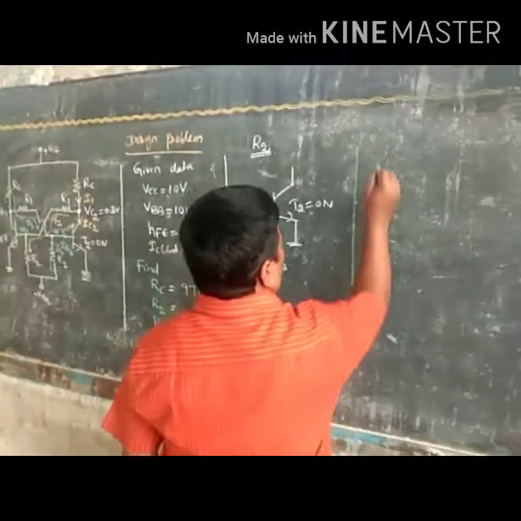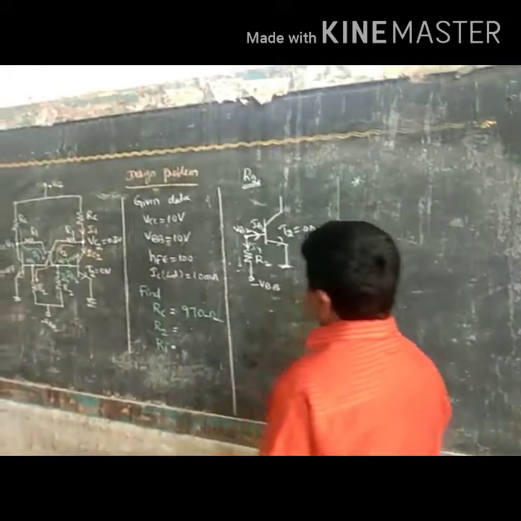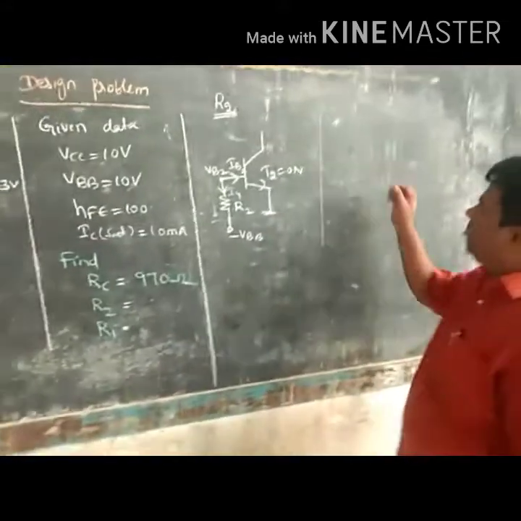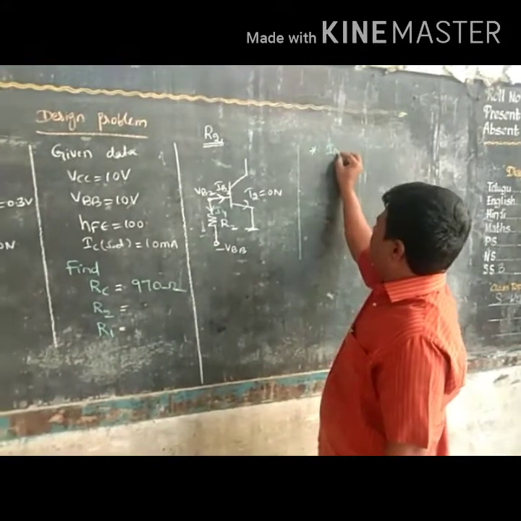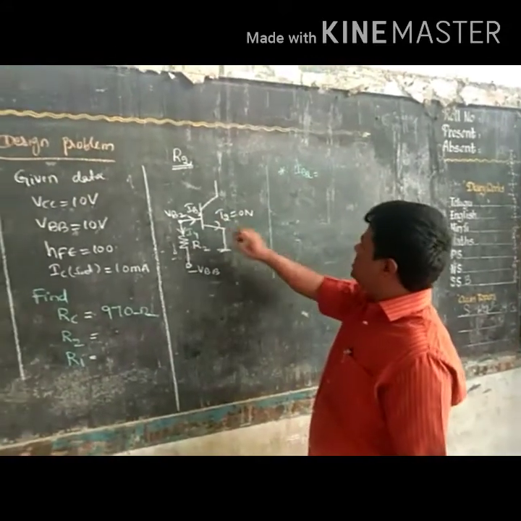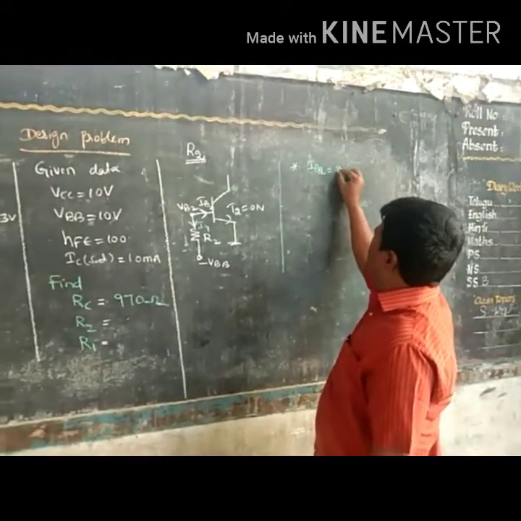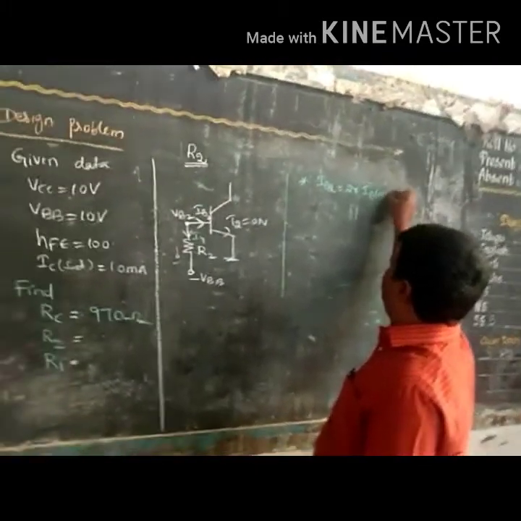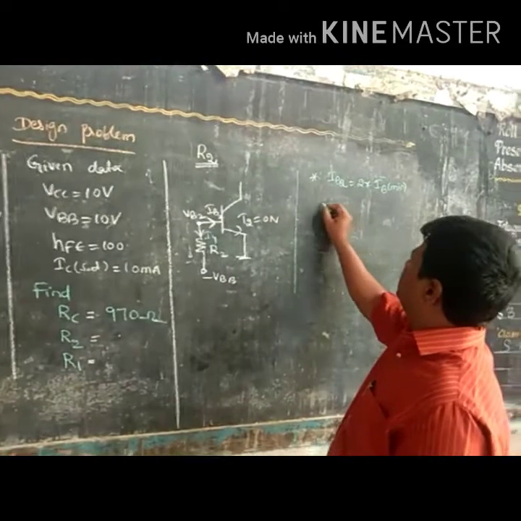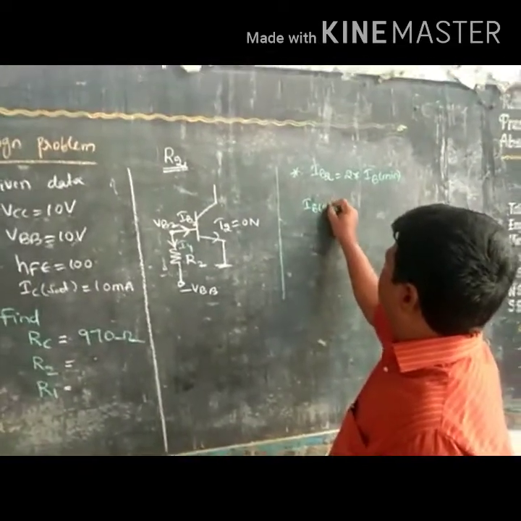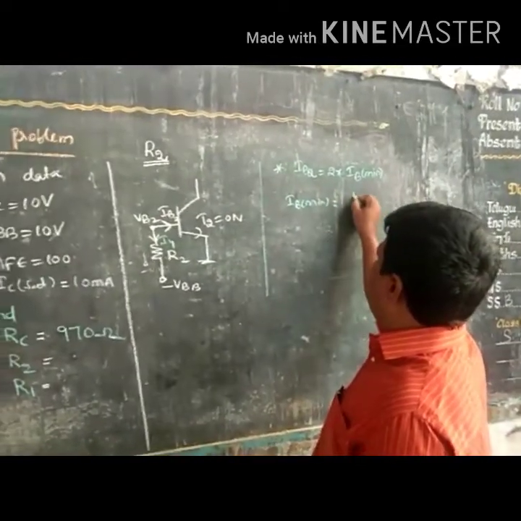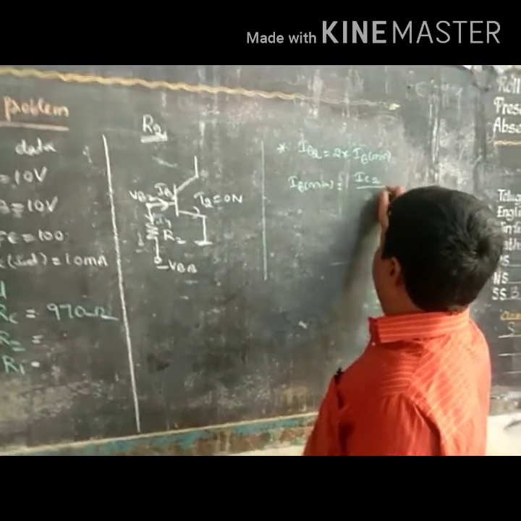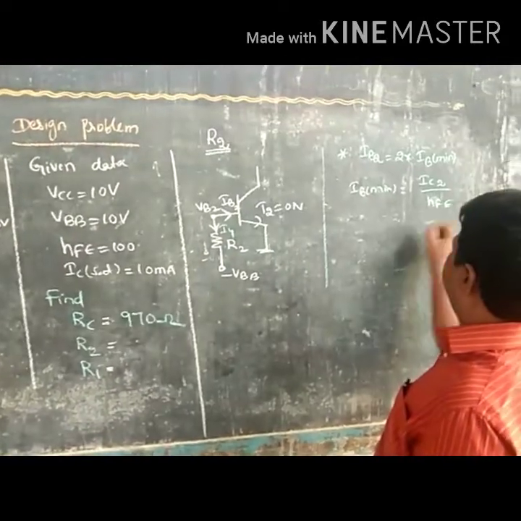Now here one more assumption is, let us assume IB2, the transistor base current, is equal to 2 times IB minimum. So IB minimum is equal to IC2 by HFE.